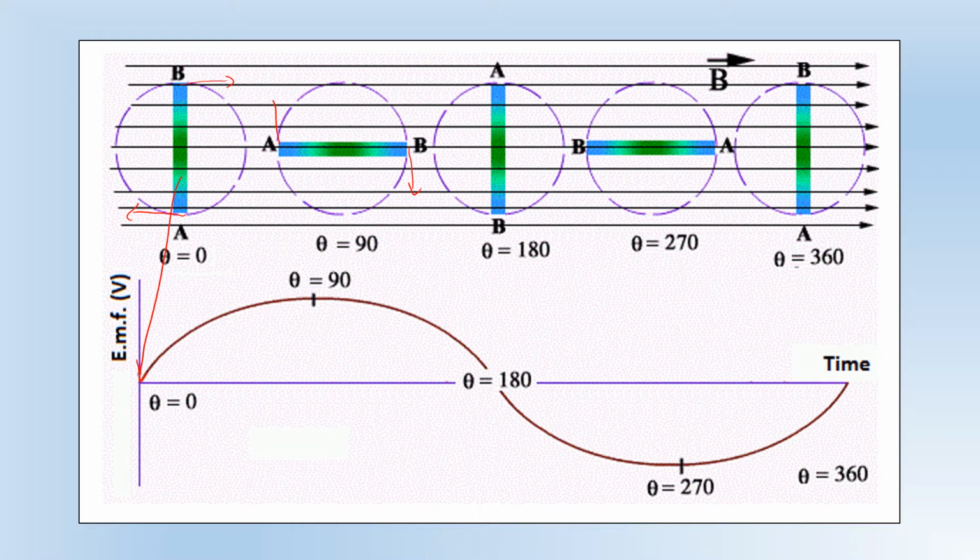A and B are now moving perpendicular, so we've got this position, maximum EMF. This one is essentially the same as the first one, but the other way up. So in this one, you'll notice that B is now going upwards, whereas A is going downwards. So we can see that B cuts through the field in the opposite direction, which is why we produce an EMF in the opposite direction. And then finally, we're back to this position again, and we're not inducing an EMF at all.